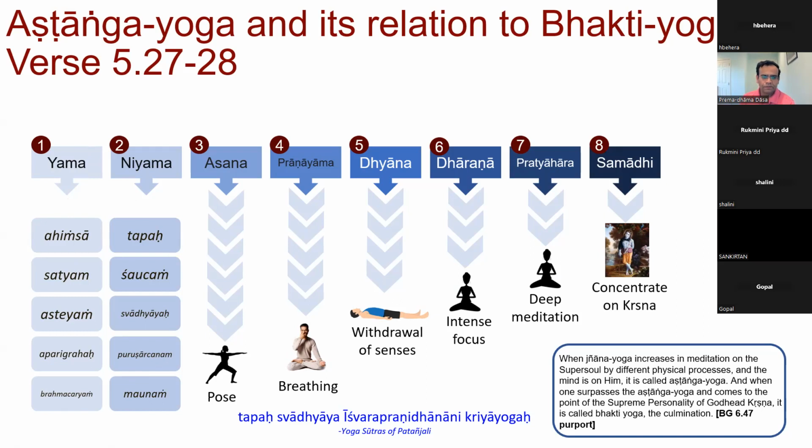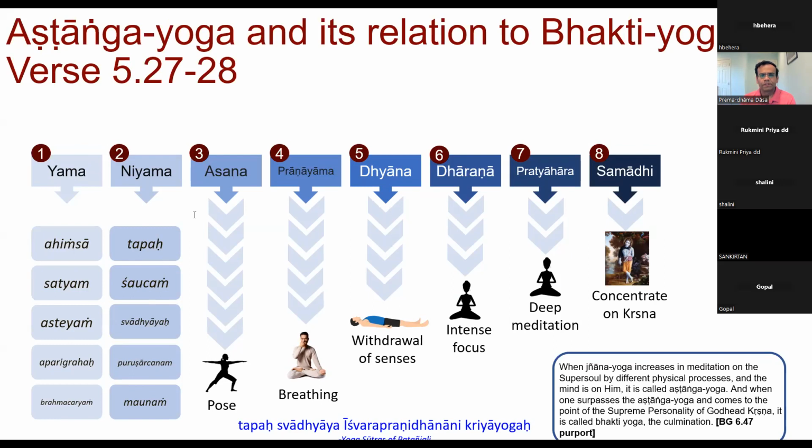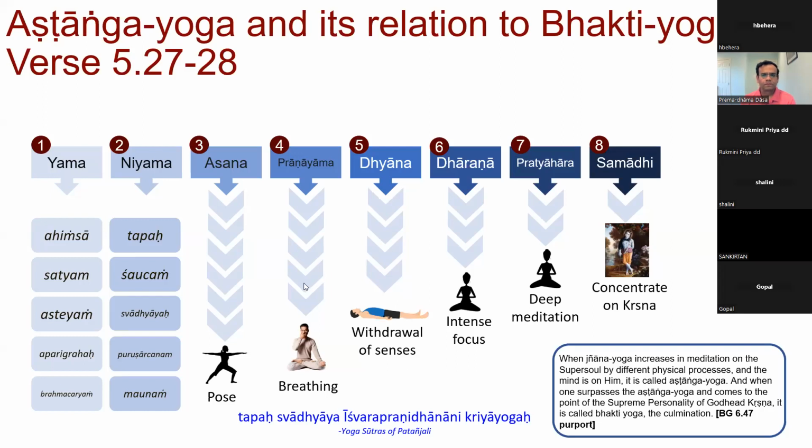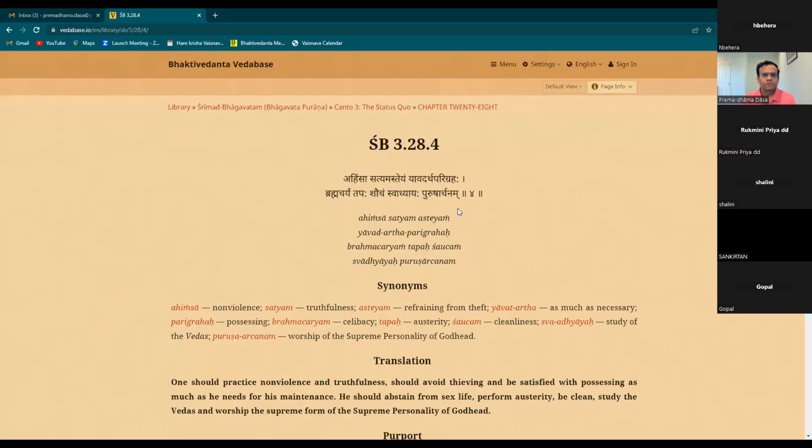So Yama are more external. Let me just open up that verse. Okay, this is the verse from the 3rd canto of Srimad Bhagavatam, 28th chapter.